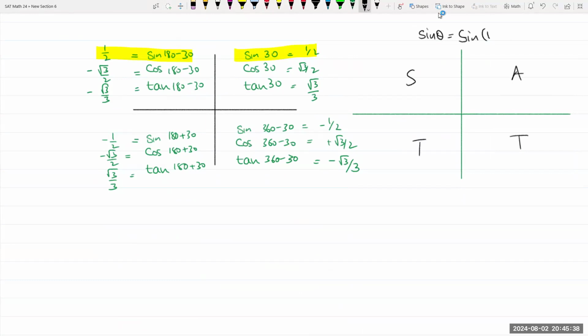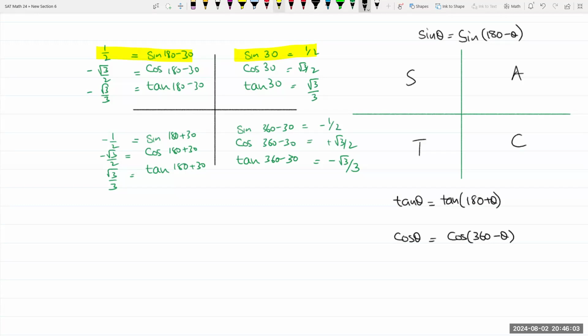What was 180 minus theta? It was the angle in the second quadrant. In the third quadrant, tan theta from the first quadrant is the same as tan 180 plus theta. It's a fact. In the fourth quadrant, cos theta from the first quadrant is equal to cos 360 minus theta. That was the angle in the fourth quadrant.